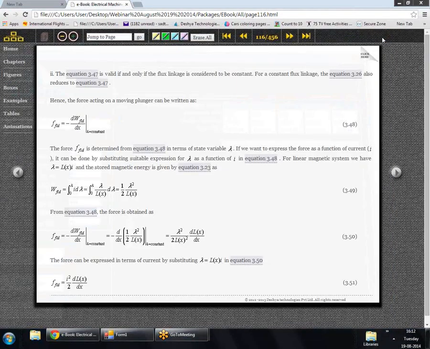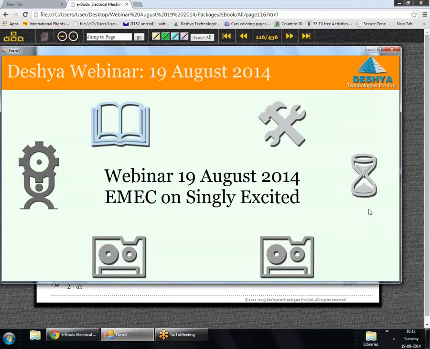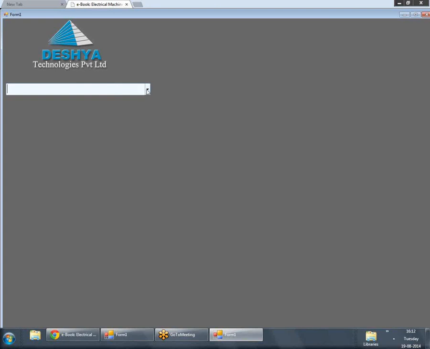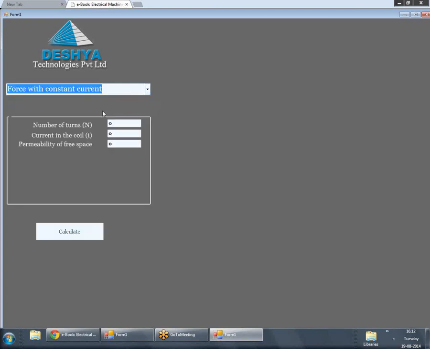Similarly, there are some other interesting examples. If we go here and see problem number 2, here is a specific case for a constant current. I'll go through this very fast just to demonstrate the difference between a constant current motion and a constant flux linkage motion.